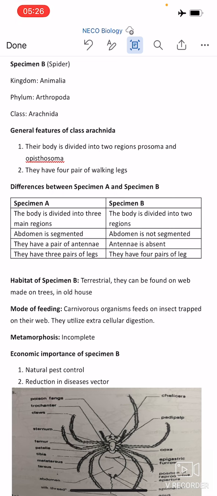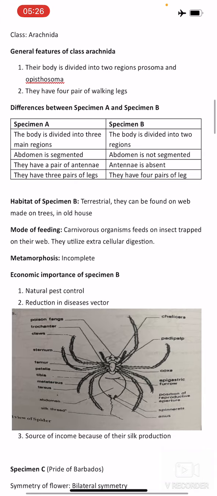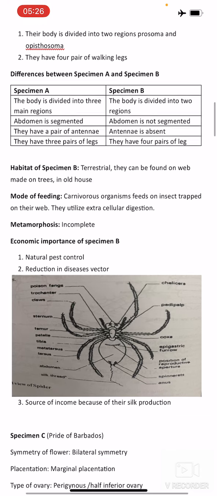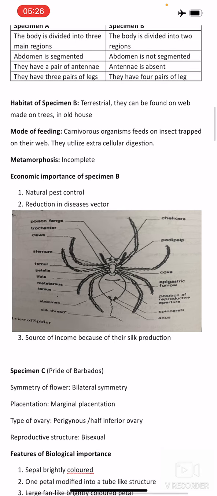The habitat of spiders is that they are terrestrial, and they can be found on webs made on trees and in old houses. The mode of feeding is they are carnivorous, and they utilize extracellular digestion, and they have an incomplete metamorphosis.